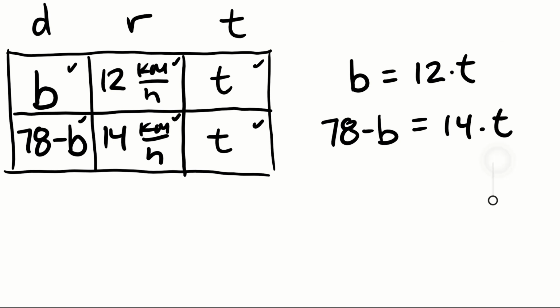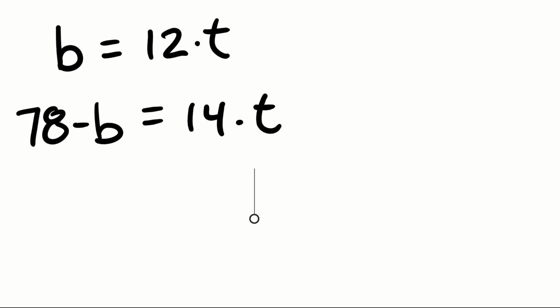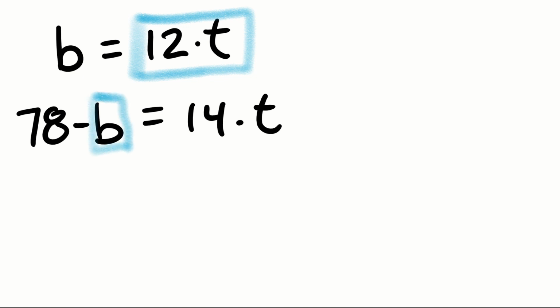Now that I have this isolated, it's very clear that substitution would be well suited for this problem, because in the first box, b is equal to 12t, and I can replace b in the second equation with that. So this second equation is going to become 78 minus 12t. I could use parentheses, but it's not necessary because this is just one term.